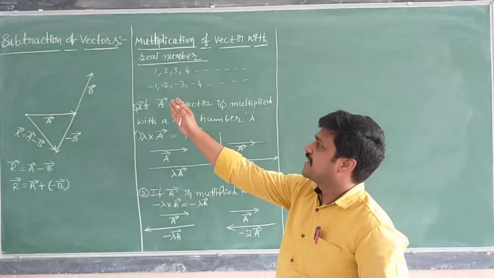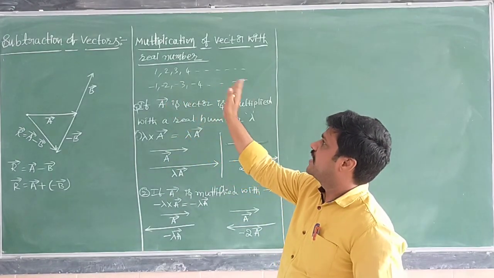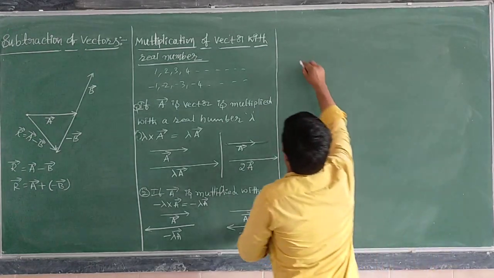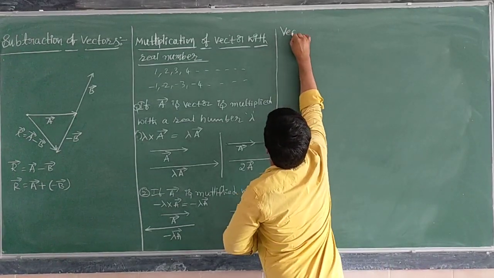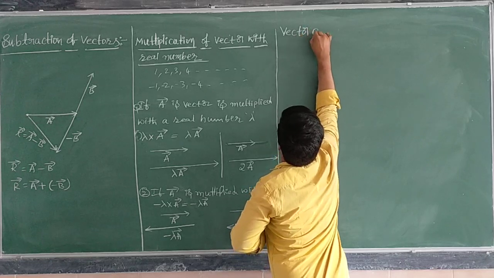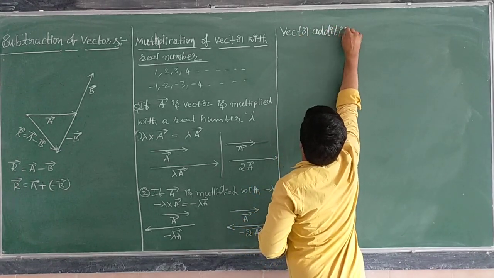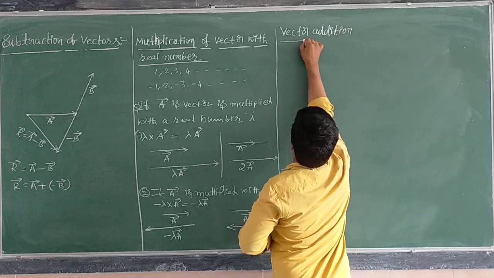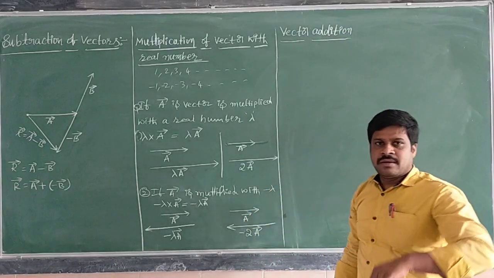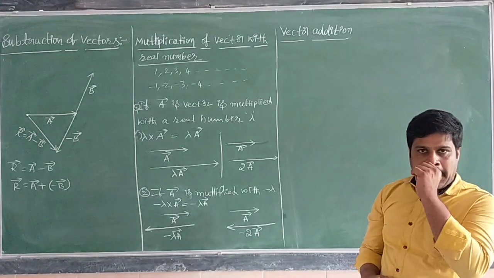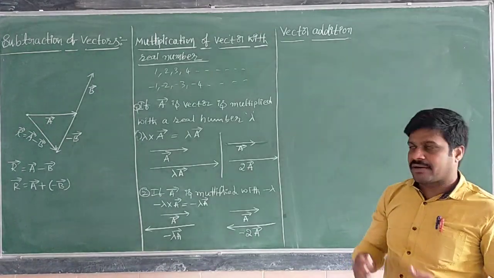Now this is about the subtraction of vectors and multiplication of vectors. Afterwards we have vector addition. Once again, vector addition. Previously we have seen vector addition in the graphical method.